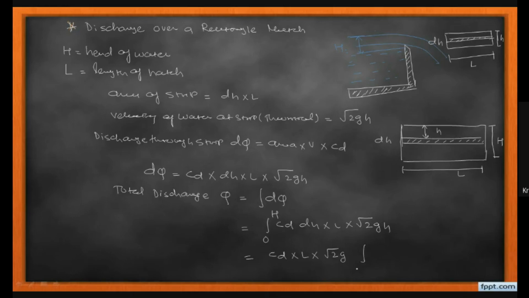So we get the integral from 0 to H of h to the power 1/2 dh. Now we have Q equals Cd into L into the square root of 2g into the integral from 0 to H of small h to the power 1/2 dh.